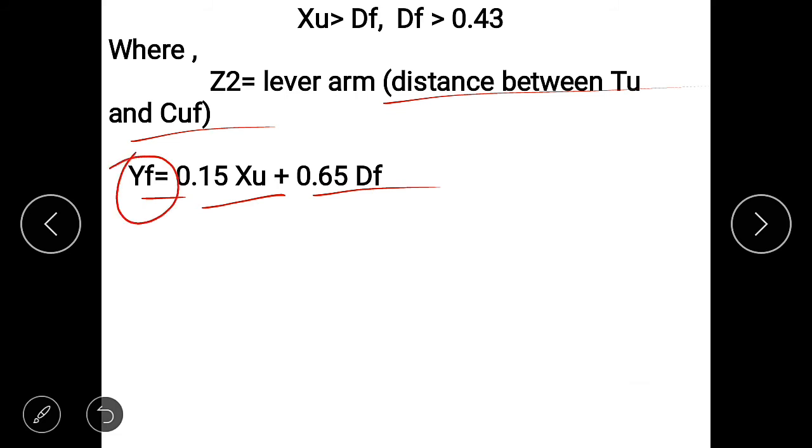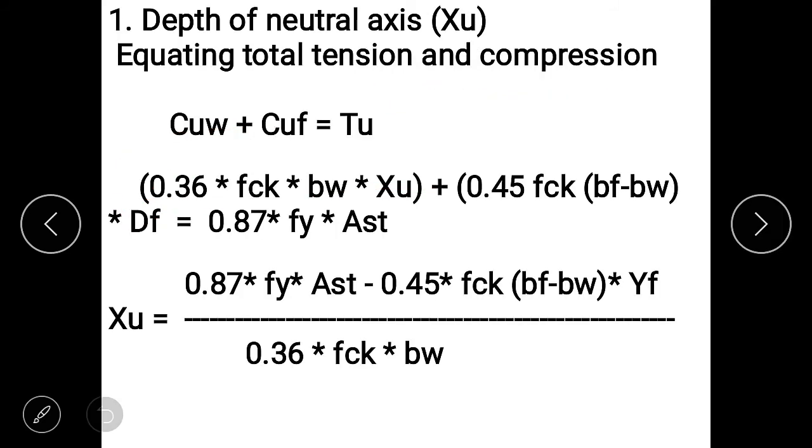Okay. So first step, we have to find the depth of neutral axis Xu. The formula is found by equating tension and compression.